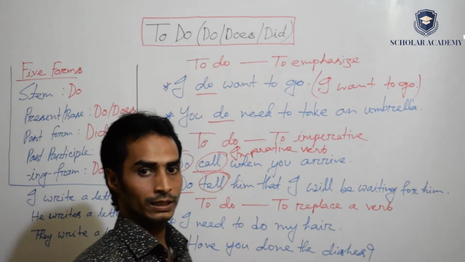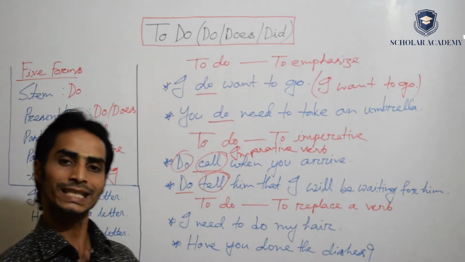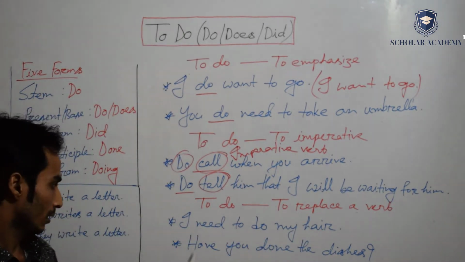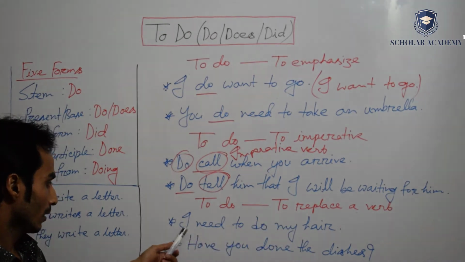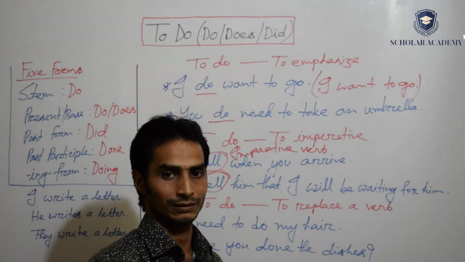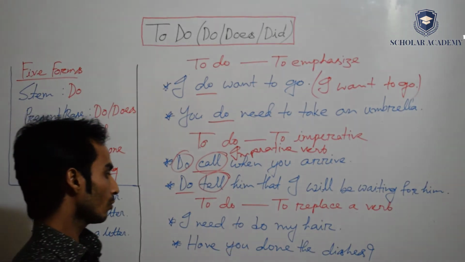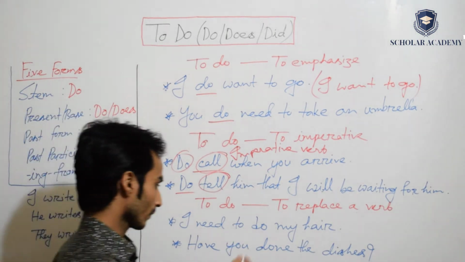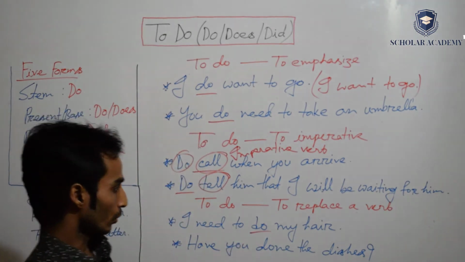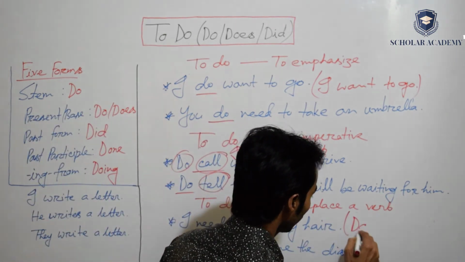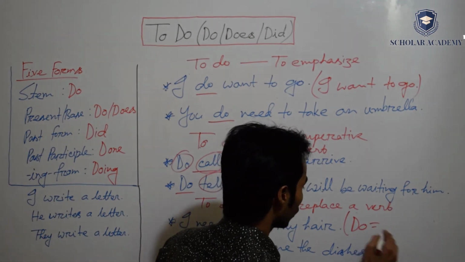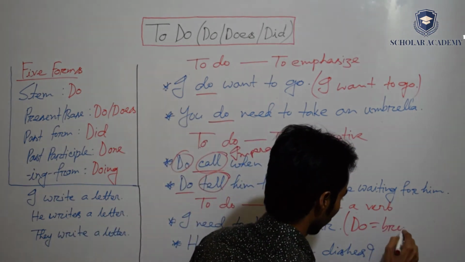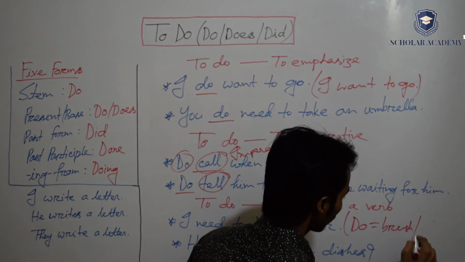Do is also used to replace a verb. How? I need to do my hair. So, do you know what's the meaning of the do in this sentence? Here, do means brush or comb.